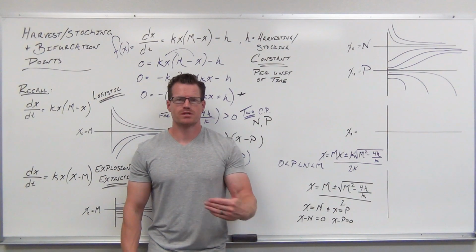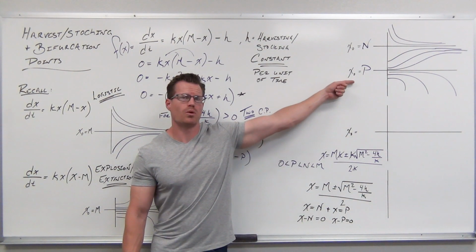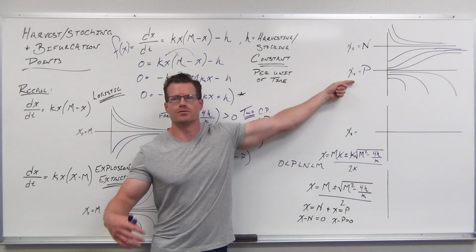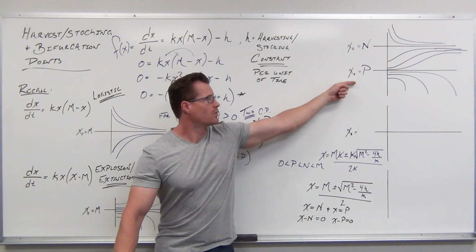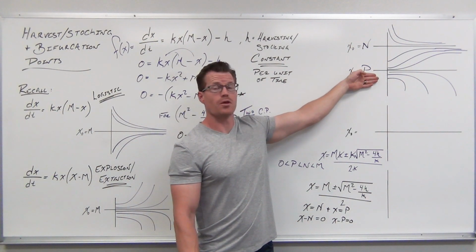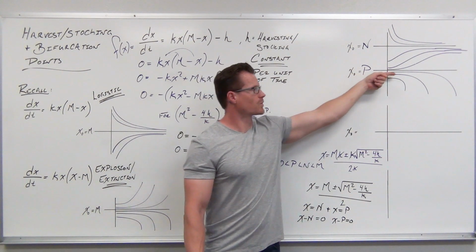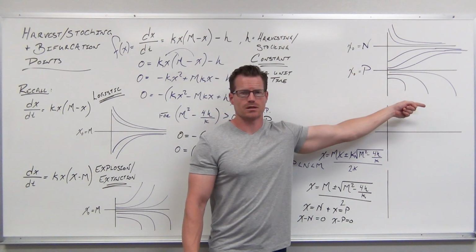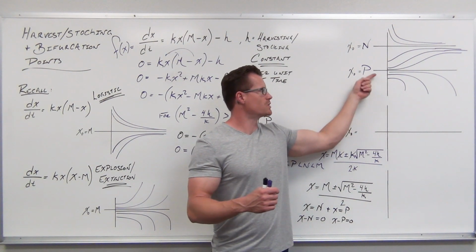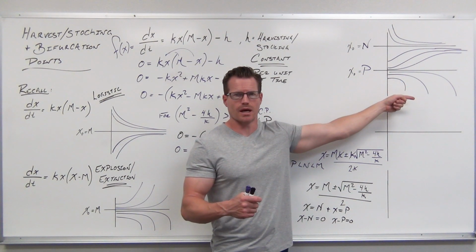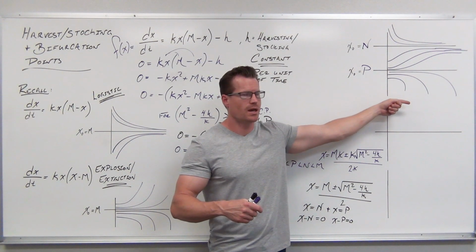Let's suppose that we start stocking, but there's not enough to begin with to support any sort of death rate. Then no matter what, if we start below this certain threshold, then we're going to decrease. We're going to go extinct because we don't have enough of a population to support what's there anyhow, and the stocking or harvesting is not going to help us at all.